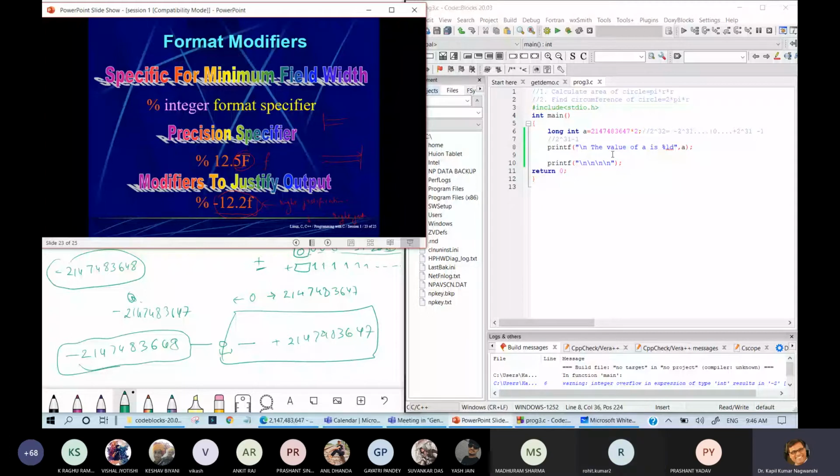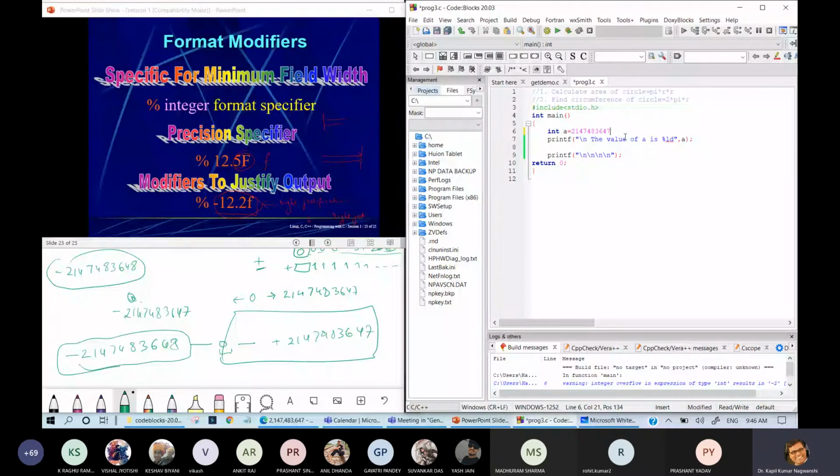Okay, so whenever you are using format specifier minus, minus is left justified, and plus is right justified. I am taking two numbers here, so you can surely understand the reason. Float b equals a decimal number, and I put one minus sign over there.